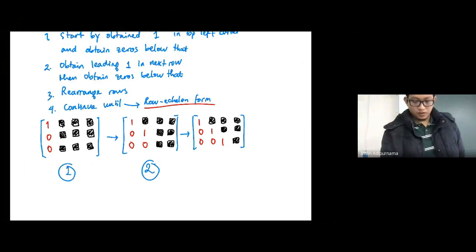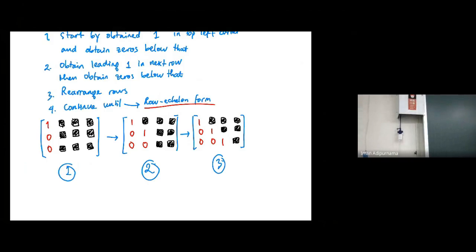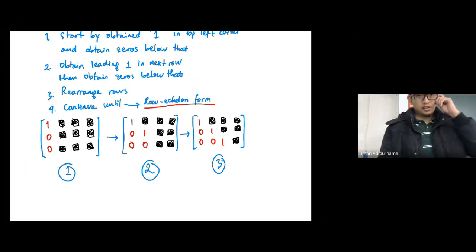So this is the finished product. This is the third step, the last step, finish. That's Gaussian elimination.